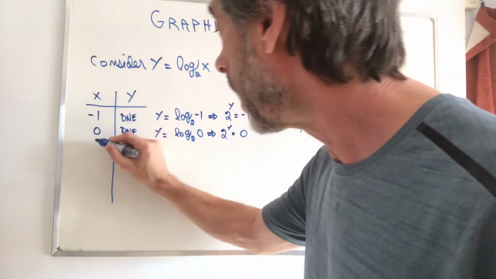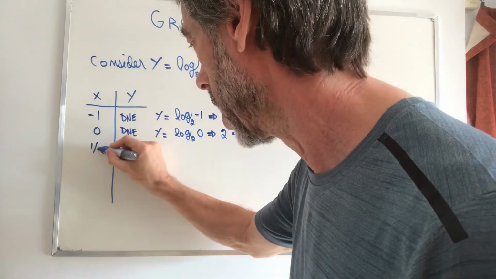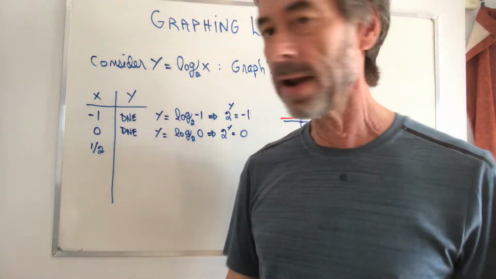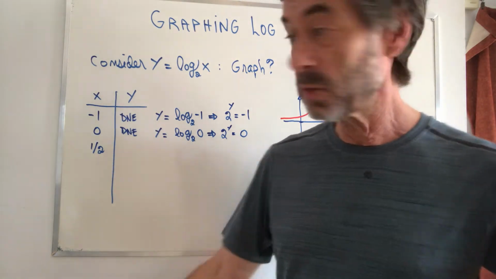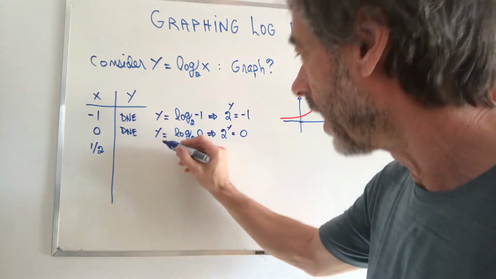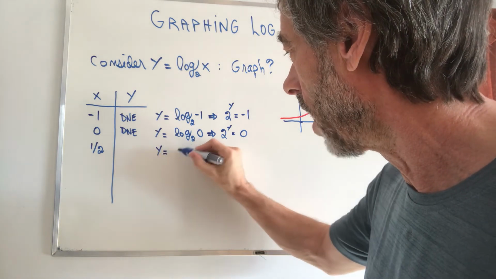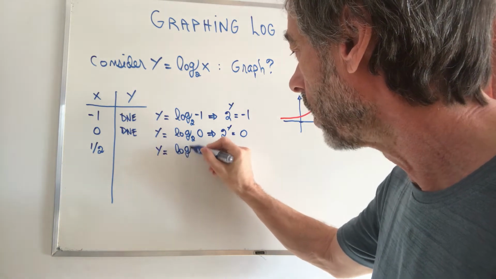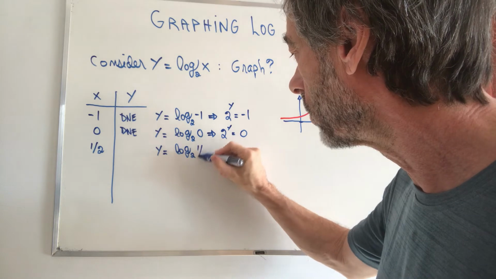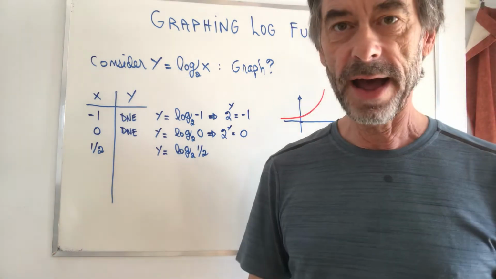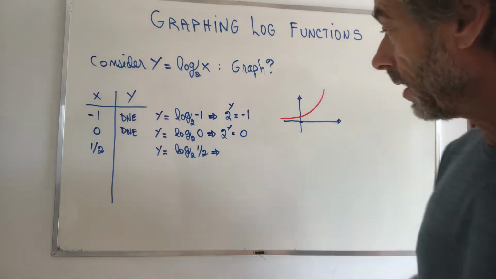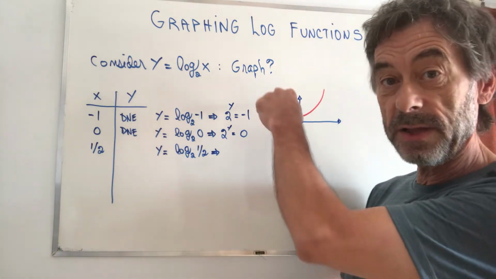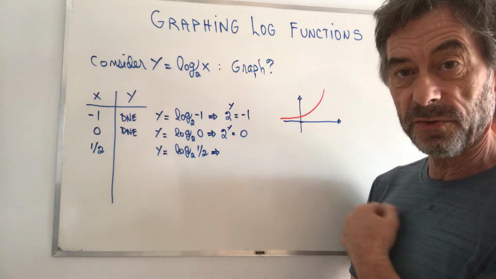Let me try 1/2. Is there a y value when x is 1/2? I don't know, so I'm going to go y equals log to the base 2 of 1/2. Is there a solution to this? Well, at least 1/2 is potentially on the y-axis for the red graph.